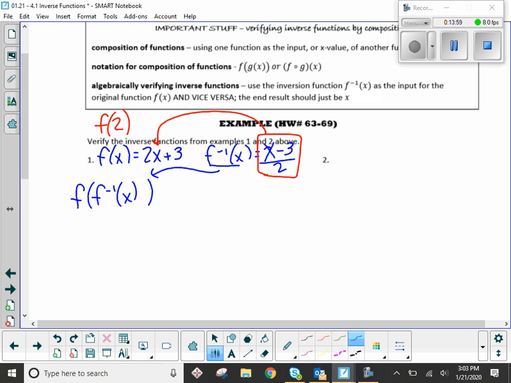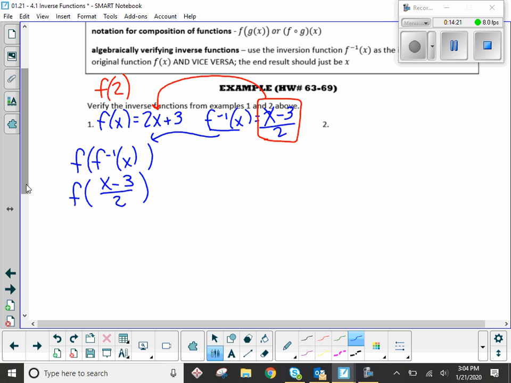Another way of writing this would be f of x minus 3 over 2. And we're going to do this in both directions. But let's just look at the math for this one first.